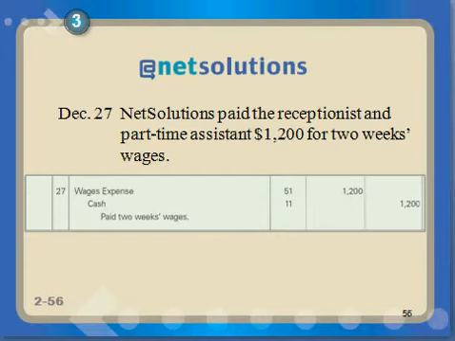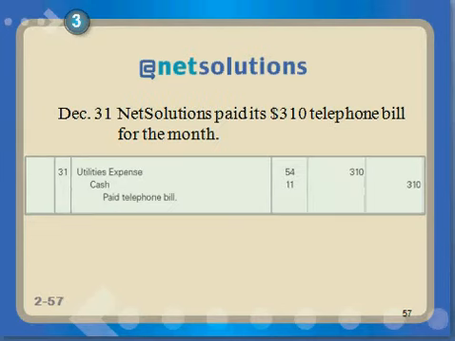So in our journal we put 27, wage expense, debit it for $1,200, and credit our cash for $1,200, paid 2 weeks' wages. And then on November the 31st, Net Solutions paid the telephone bill for the month, $310. So we debit an account called Utilities Expense, $310, and credit our cash for $310 and put paid telephone bill.